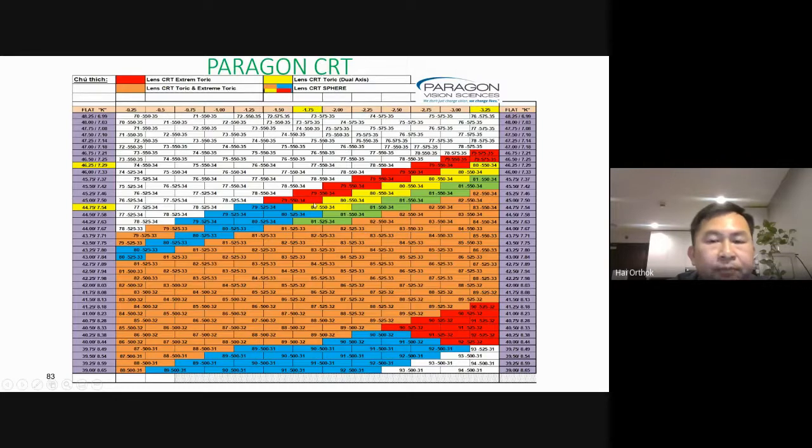The same lens can be applied for a patient at minus 3.25 diopter with K1 of 46.25. So one Paragon CRT lens can cover 1 to 12 prescriptions for patients. It's very useful for the practitioner who wants to have a dispensing set in their facility. Paragon CRT is the best.